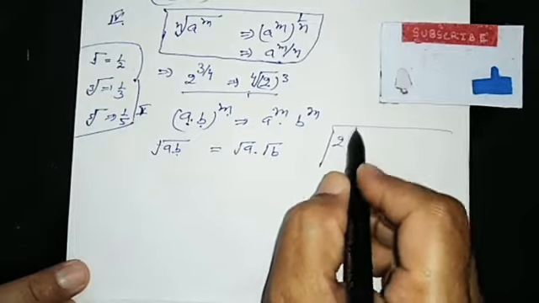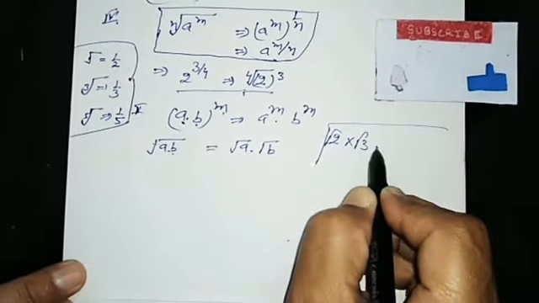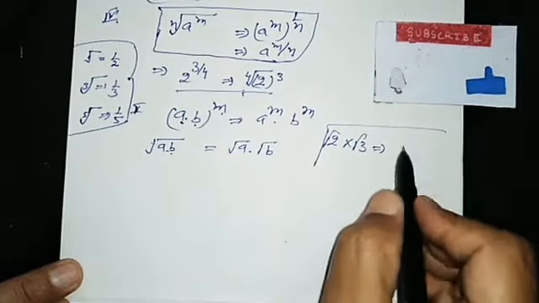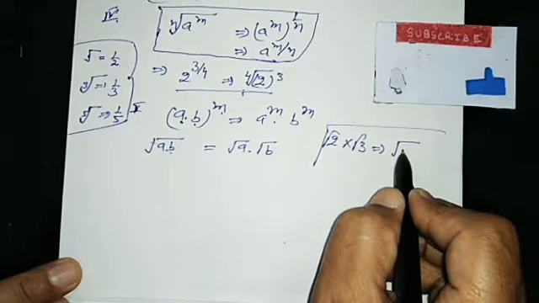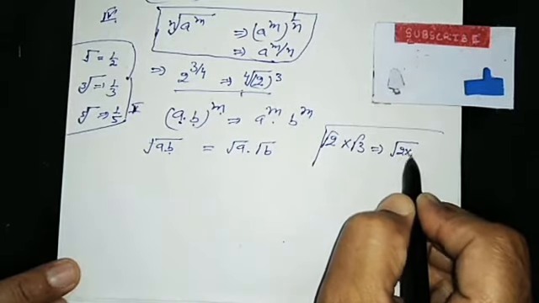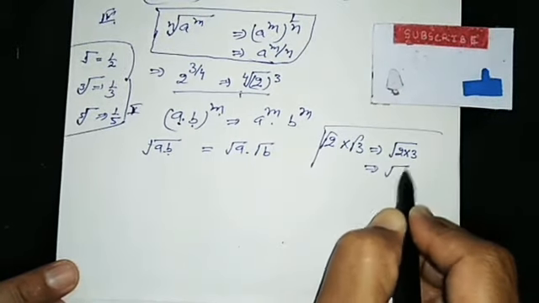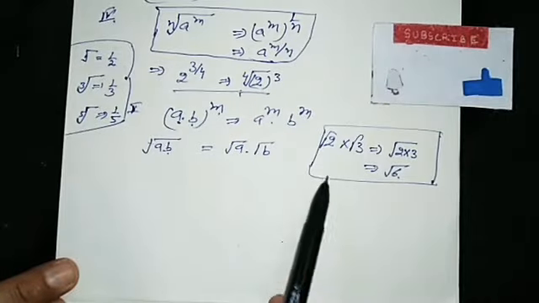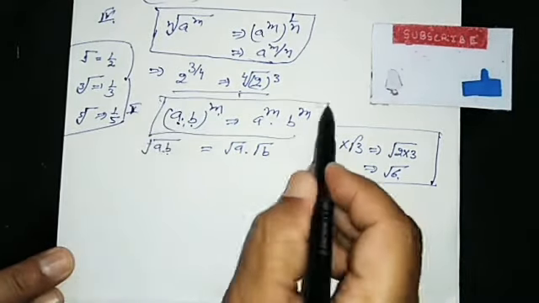If we have root 2 and root 3, both irrational, and the bases are different and the power is the same, so we come to the common power of this whole function, that is root, you can write here as 6. This is the only reason, because of this operation.